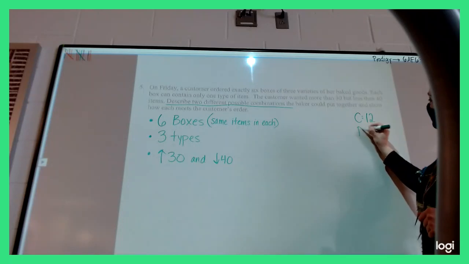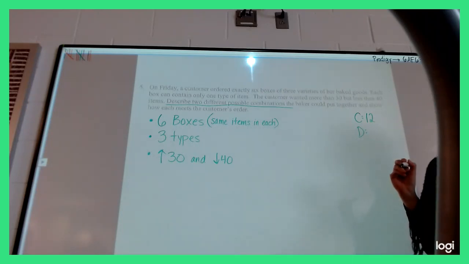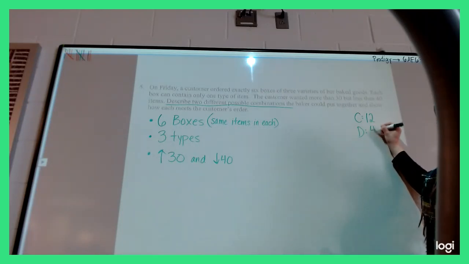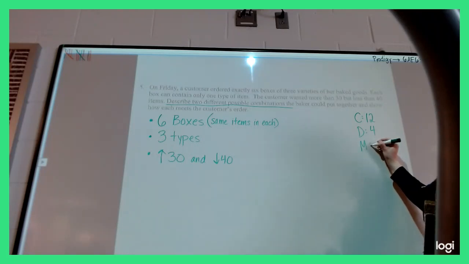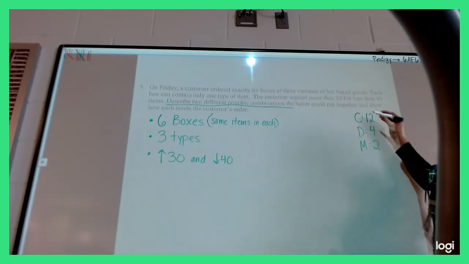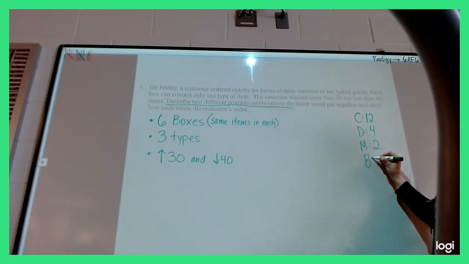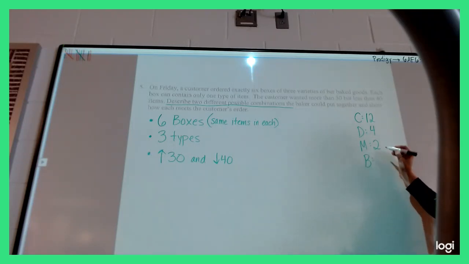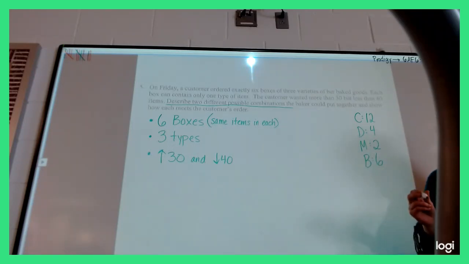Okay, what about donuts? How many donuts can I fit in a box? Noah? 4 donuts in a box. Muffins. Hayden? Muffins is 2. And bagels? Bagels is 6? Okay.